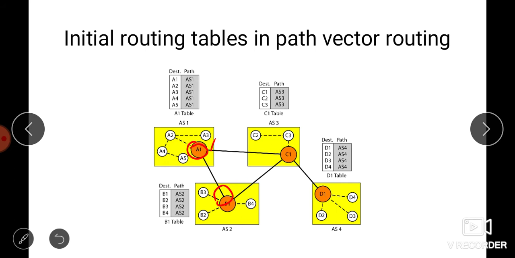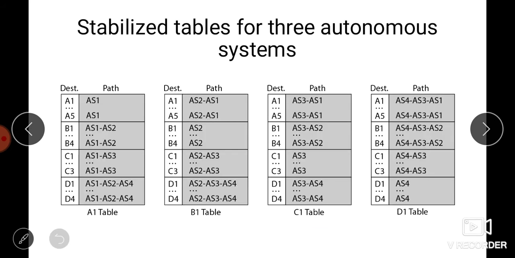But if it receives a packet for D1, it knows that the packet should go out from AS1. This is the stabilized, updated table of each speaker node.